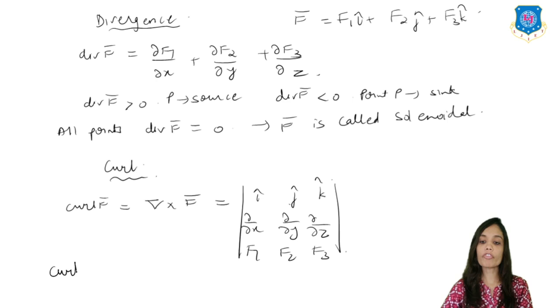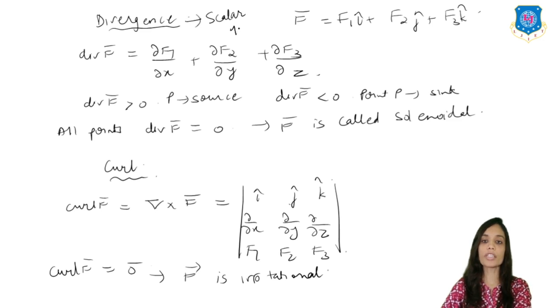Now if curl of f bar is equals to 0 bar, then f bar is what? Irrotational vector field. Otherwise we call rotational vector field if this curl is not equal to 0. Right? So this divergence is a scalar quantity, right? And this curl is a vector quantity. Fine.